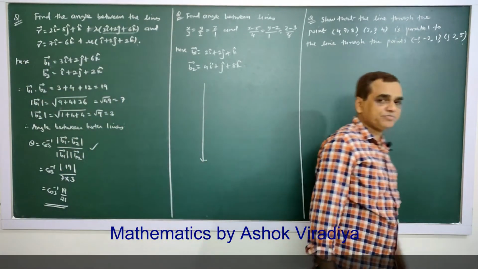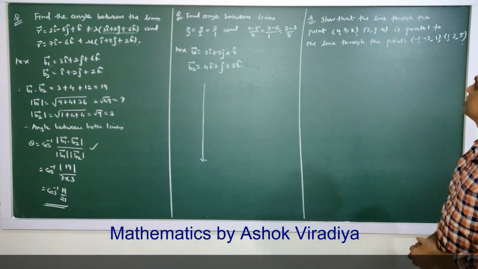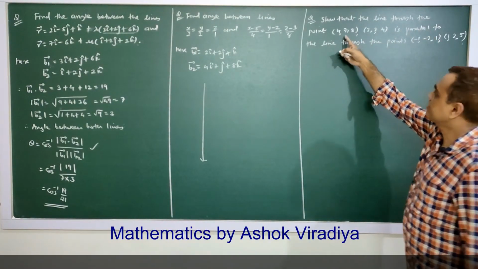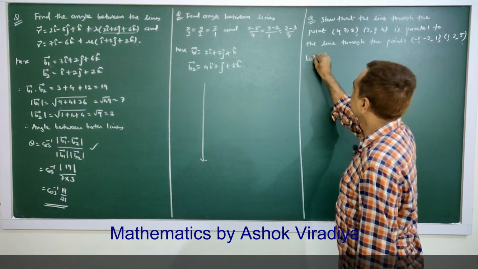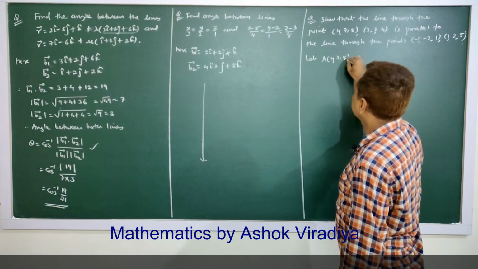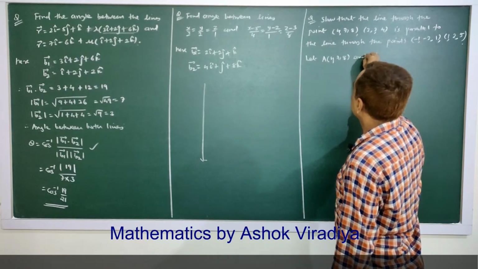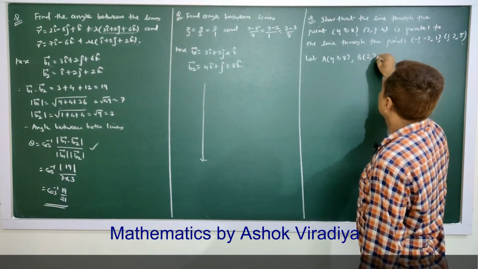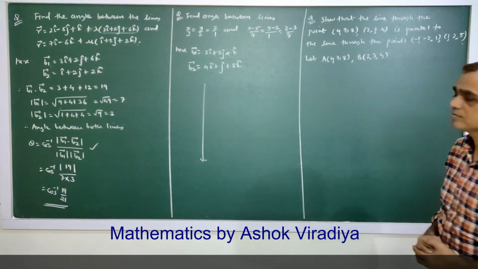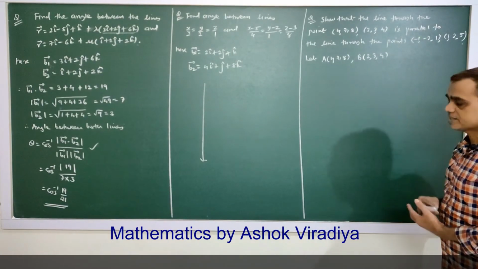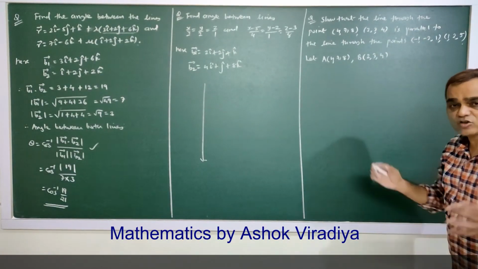Now say here, show that the line through the points, let me say this point A and B. Point A is 4, 7, 8 and B is 2, 3, 4. The line passes through these 2 points. Coordinates of points are given.